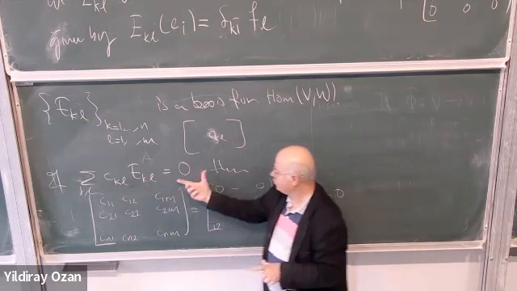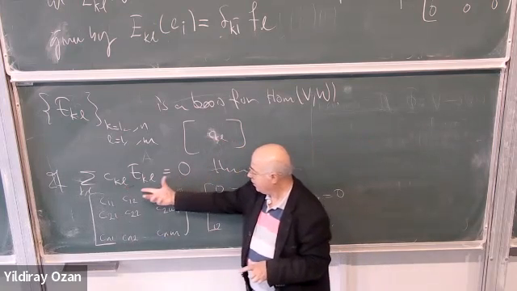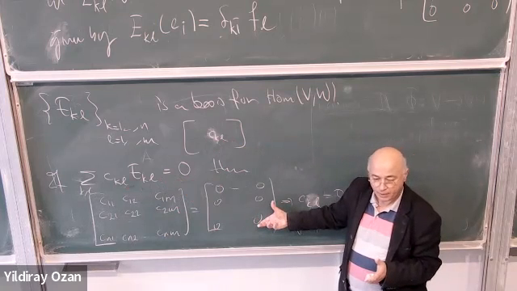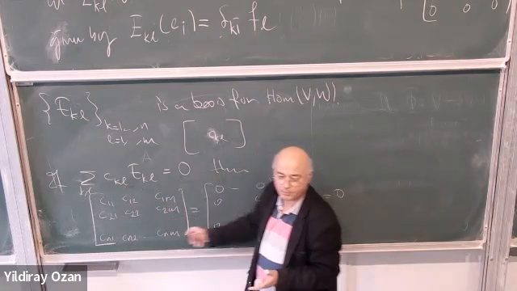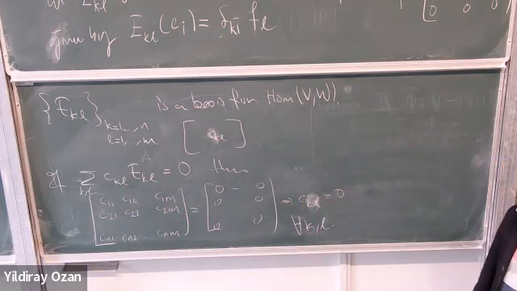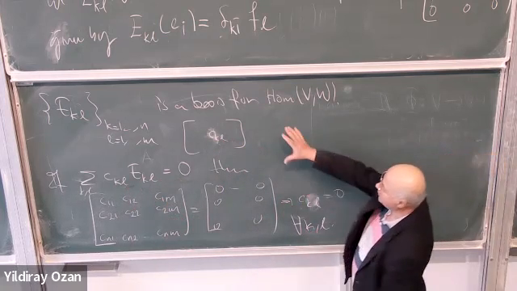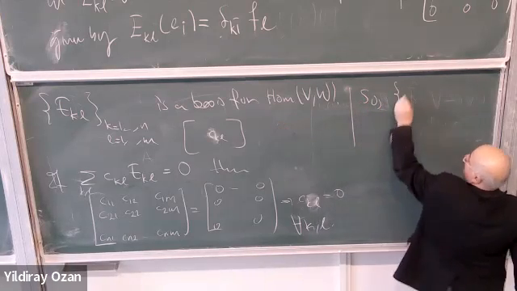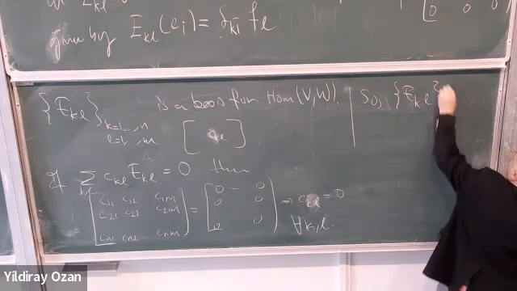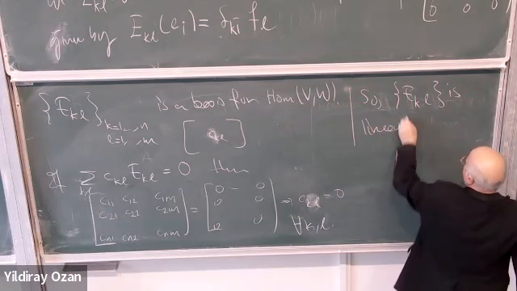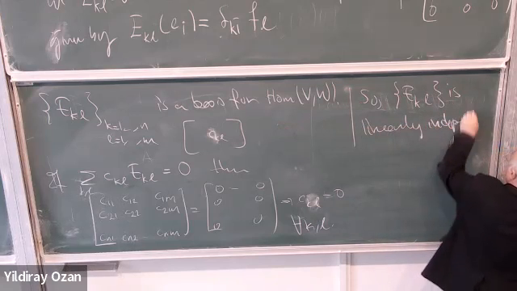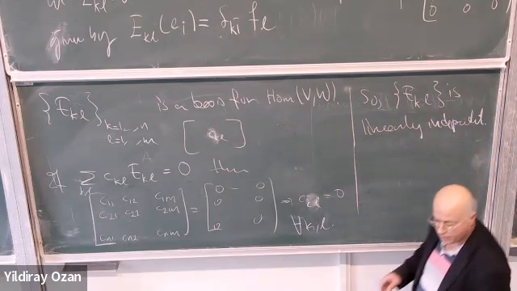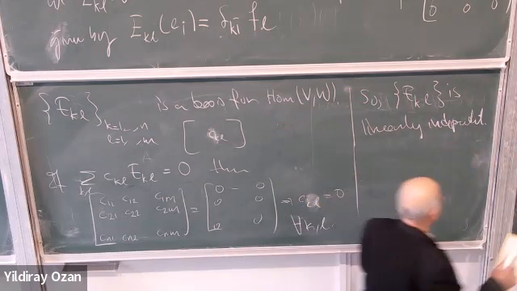And this thing is equal to the zero map, meaning the whole thing is the zero map, so its matrix representation is zero. But then all these coefficients must be 0. Okay? So this set is linearly independent. Why is it a spanning set? That is obvious from the matrix representation.